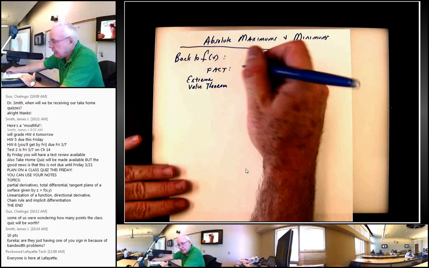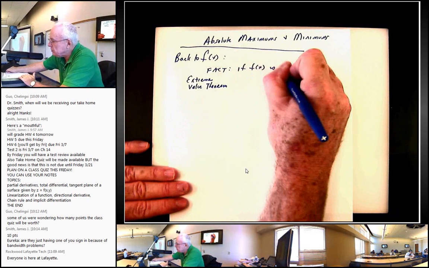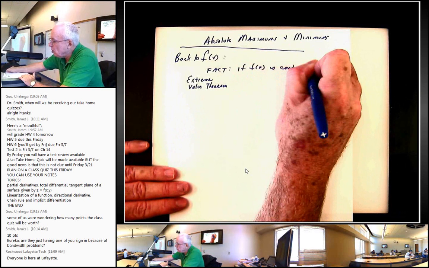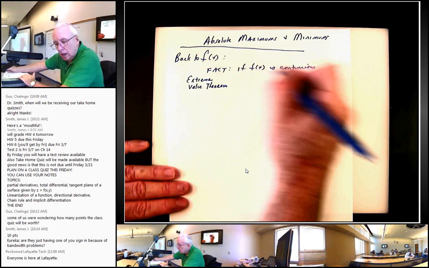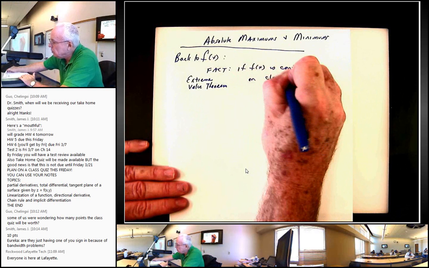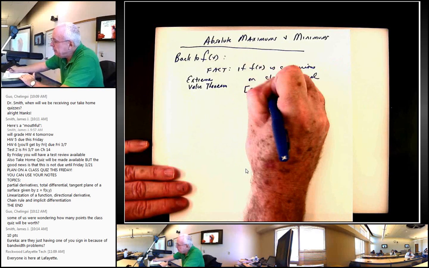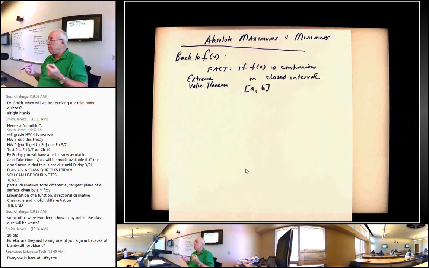If our function f of x is continuous, so you can draw it without leaving the paper, on a closed interval, that's the key here, a to b, that means we include the two endpoints in the interval.